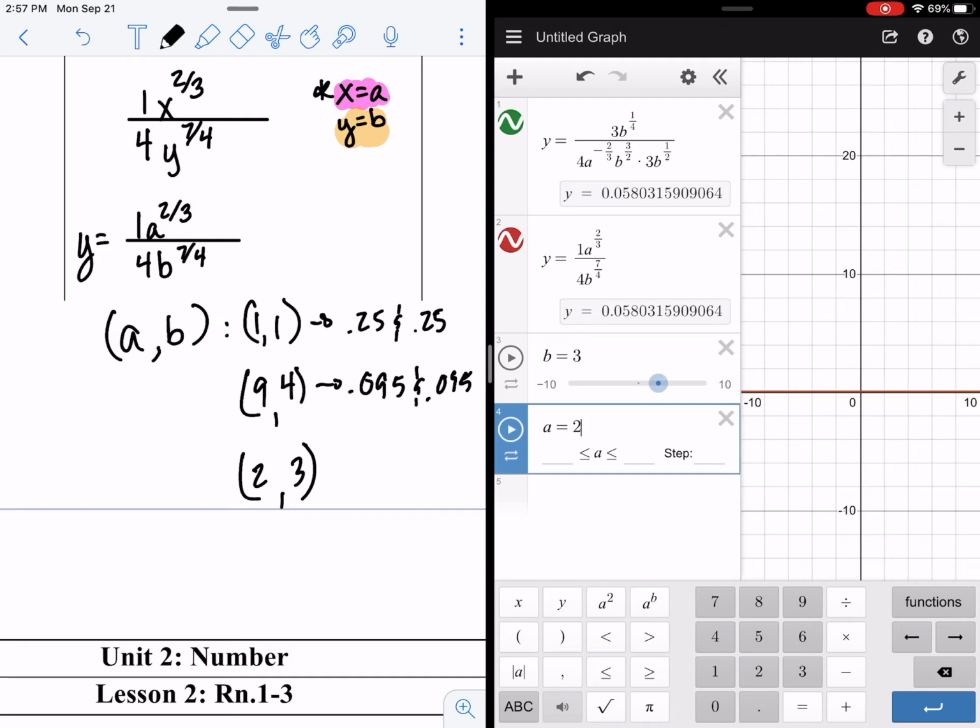And I get 0.058 and 0.058. Now, because 0.25 is equal to 0.25, we're good. 0.095, 0.095 was equal to each other, good. 0.058, 0.058, good.